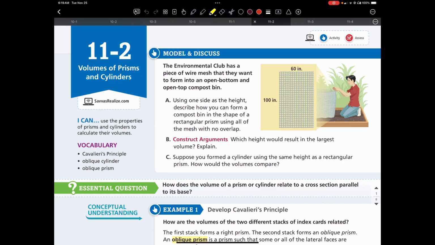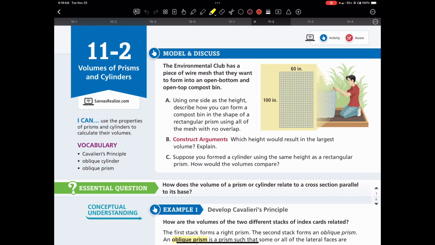Let me say this before we get started with this lesson. I should have mentioned this before, but the authors of the textbook assume that you've had some experience with volumes of solids and surface area and these other concepts.